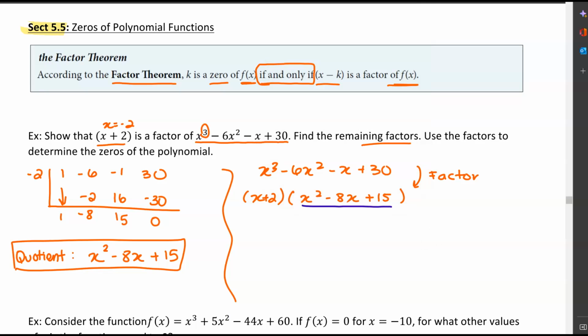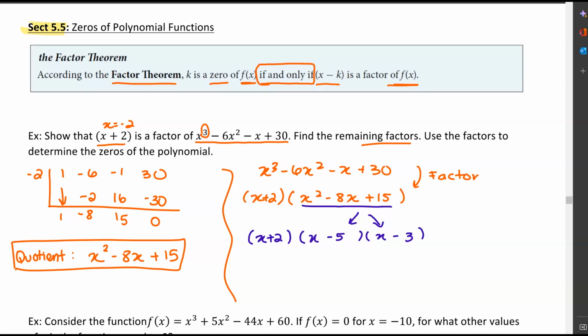We can now take this and factor it down. So we're going to end up with x plus 2 and then x and x. We want two numbers that multiply to 15 but add to negative 8, so that's going to give us a negative 5 and a negative 3.